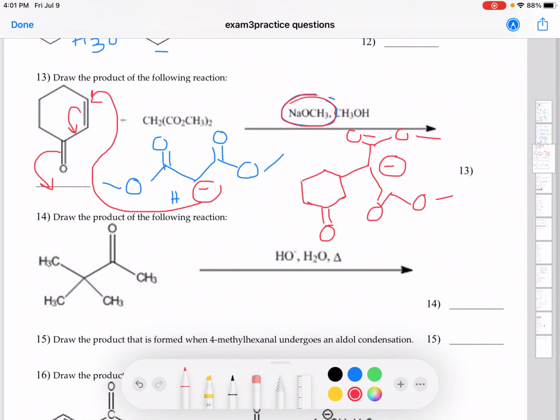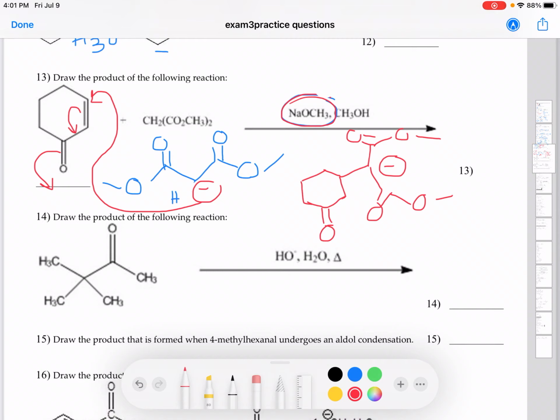Since having two acetate groups, two ester groups on either side, and then you have a hydrogen in the middle, that hydrogen has a very acidic pKa, making it easy for the methoxide to grab it and form the anion.